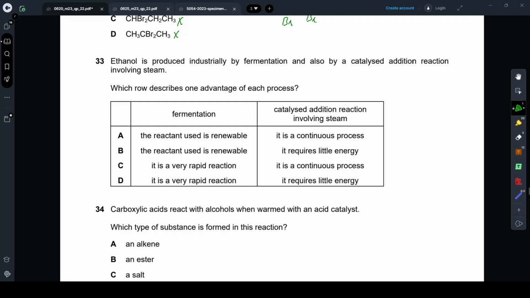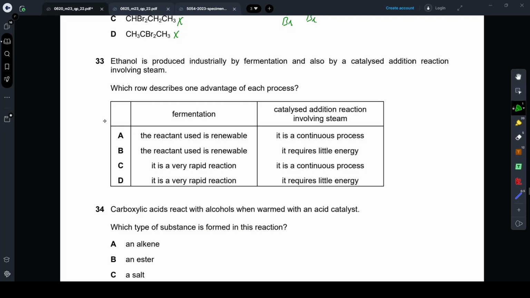It would be B. B, C, D. Which one? B. This one, right? The reactant used is renewable and it requires little energy. So you're both agreeing on the reactant used being renewable, right?